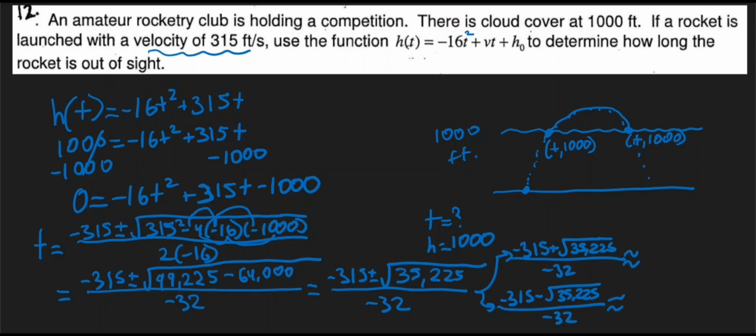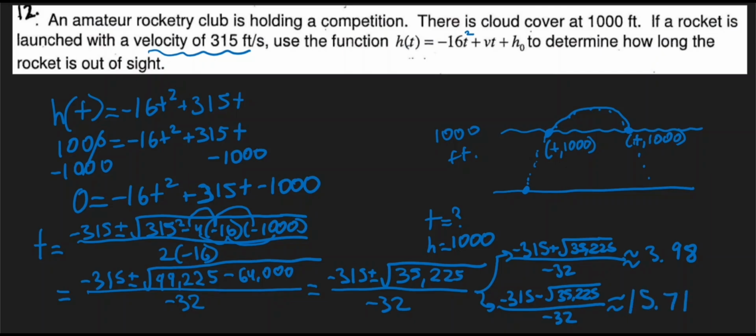So negative 315 plus the square root of 35,225 divided by negative 32, and that gives us a value of approximately 3.98. And the other t value, let's plug in the minus version.